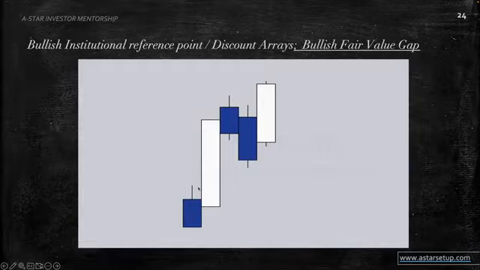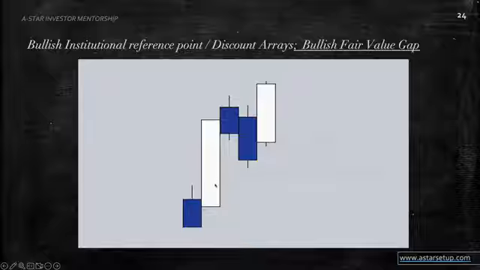So this is the fair value gap we looked at earlier. You see the big displacement candle. You see that there's a gap between the low of the succeeding candle and the previous candle's high. Now you see that this down close candle went and tapped into the liquidity that was offered in this displacement. Remember, the fair value gap is formed by a displacement of only one side of the liquidity.